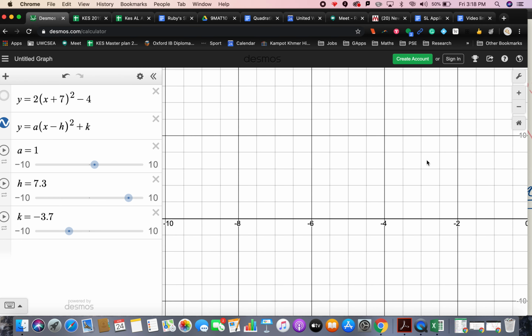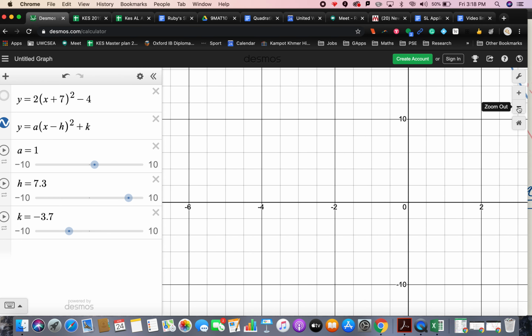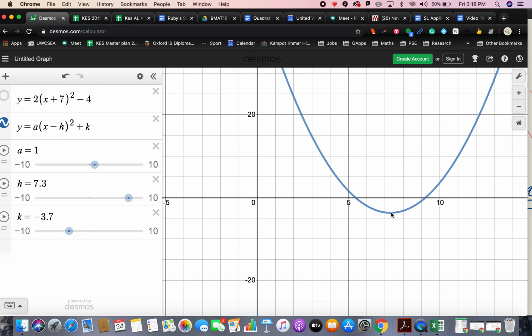Let's go find where it is. Here it is. Let's find the vertex. The vertex is at 7.3, -3.7. Well, look, the k value is -3.7. So it looks like the k value is exactly the y coordinate of the vertex.